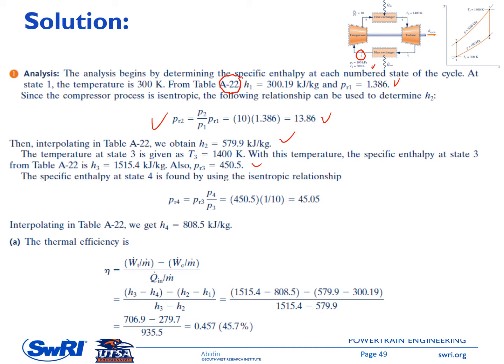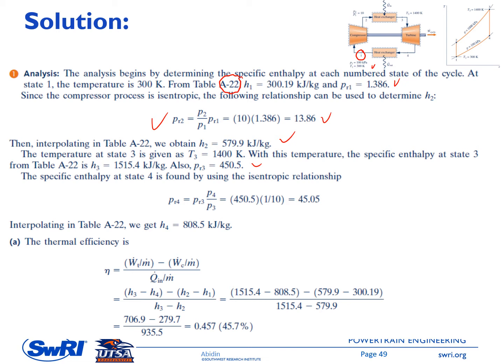Then go to state number 4, and the way you get PR4 is similar to the one we did to get PR2 here. So PR4 equals PR3 times P4 over P3, okay? There is no pressure drop inside the two heat exchangers here, so P2 over P1 equals P3 over P4.